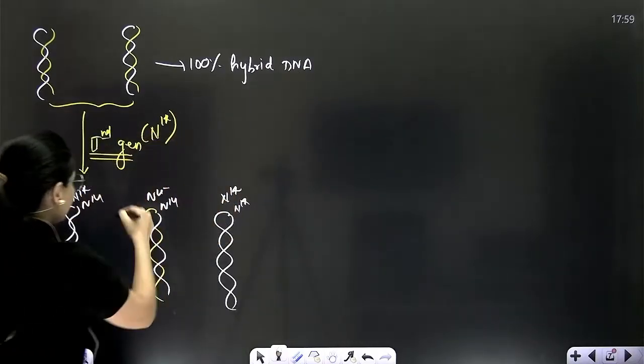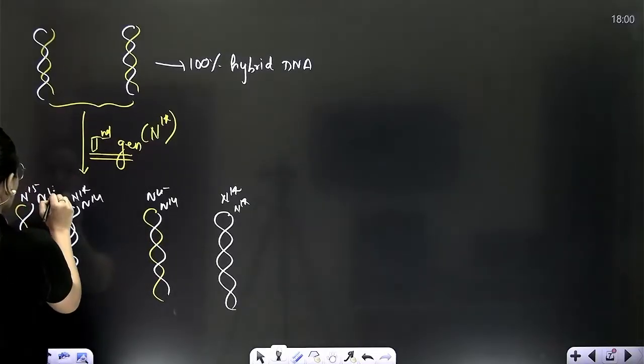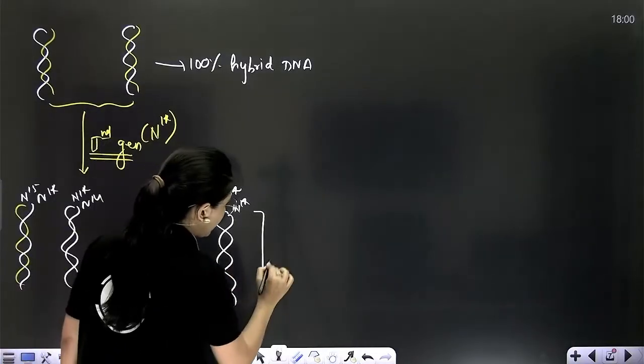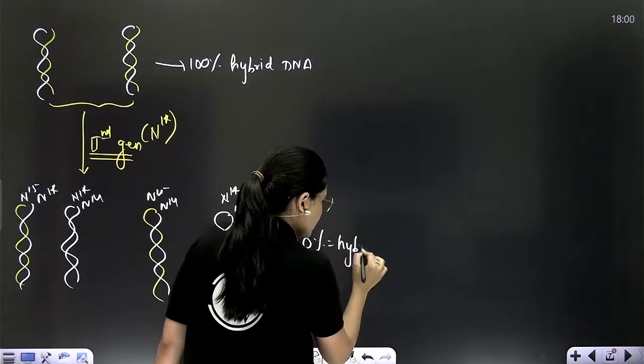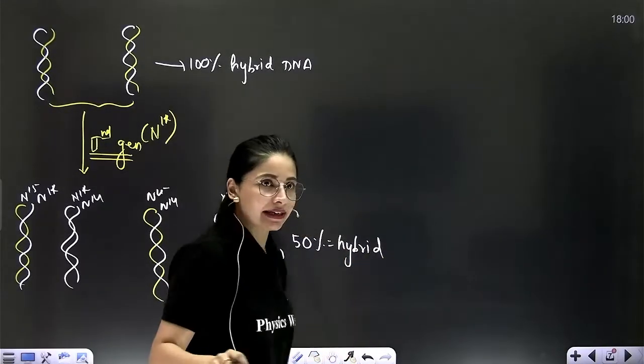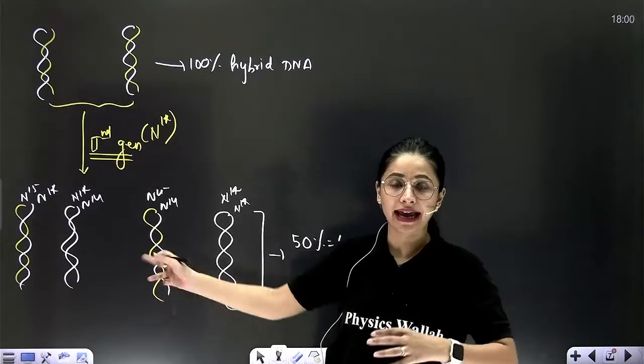But in the second generation, you see, beta, the amount of hybrid DNA reduces to 50%. Heavy DNA is lost. Now there is no more heavy DNA, because with every round of replication you are incorporating N14 strand.